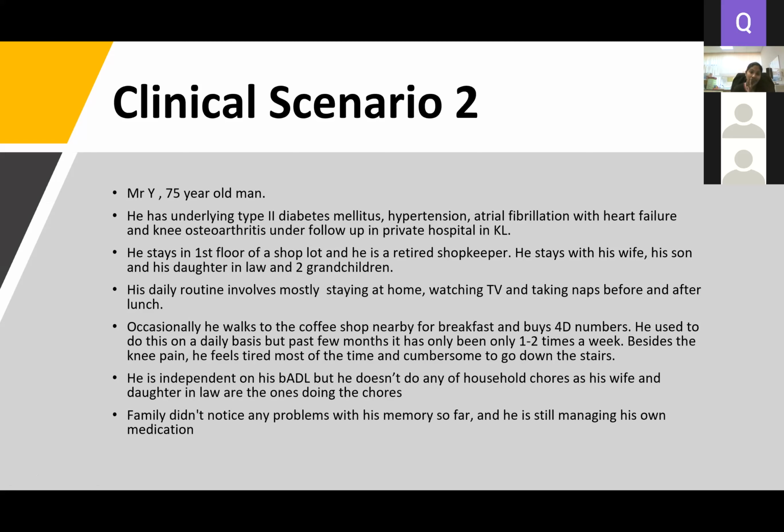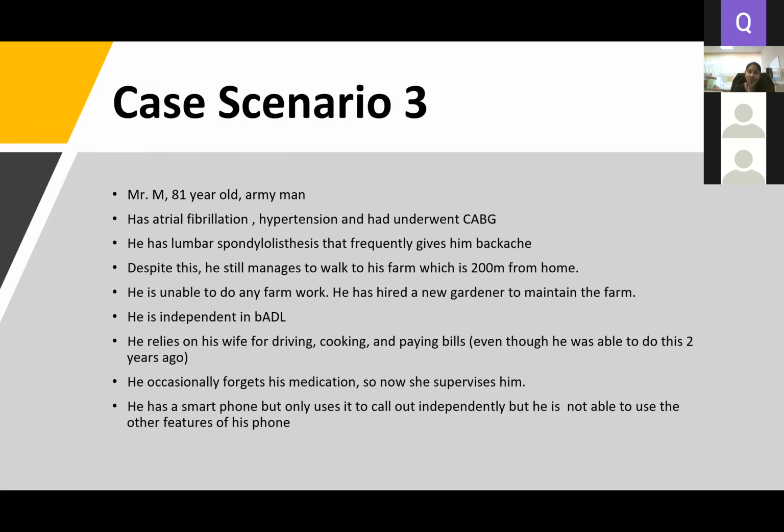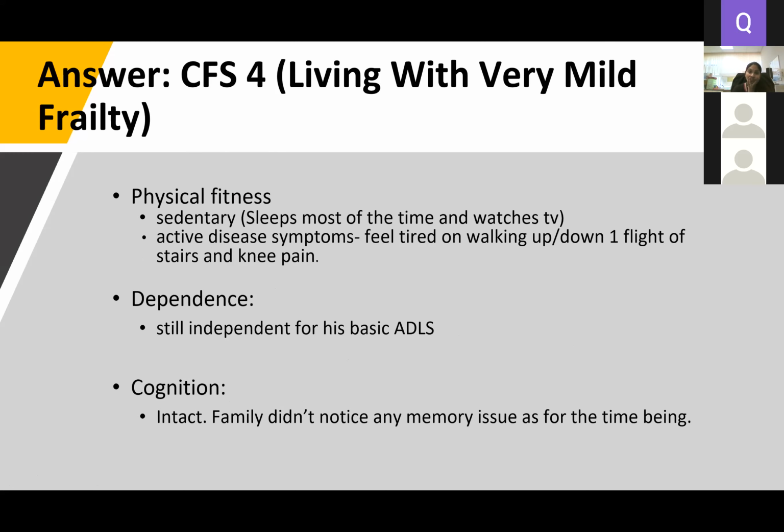I think this sounds like one of the usual case scenarios we get on a day-to-day basis. Somebody who is always coming in with the regular hypertension and all that. So in terms of the 3 things, again, the physical fitness, cognition, and dependence, this is a CFS 4. So it's somebody living with very mild frailty.